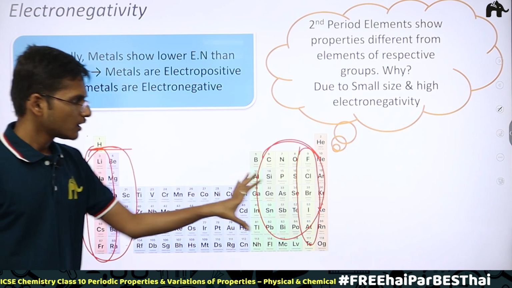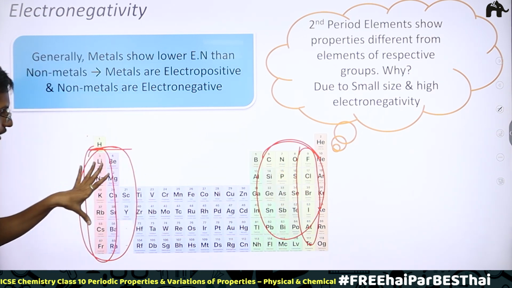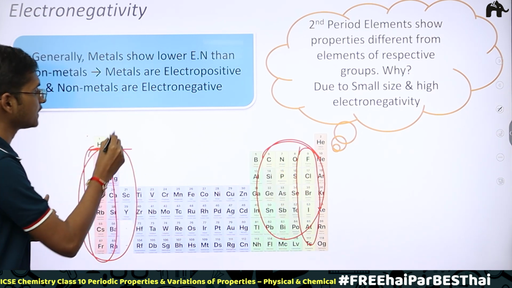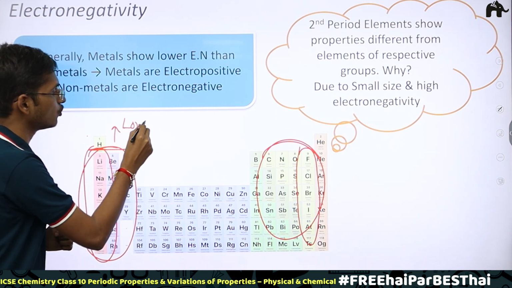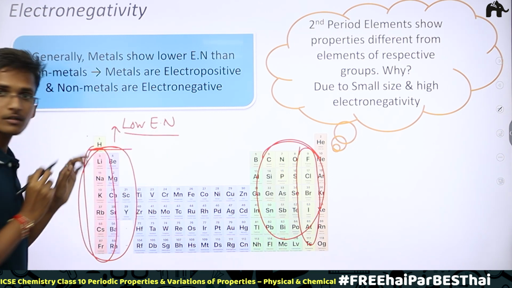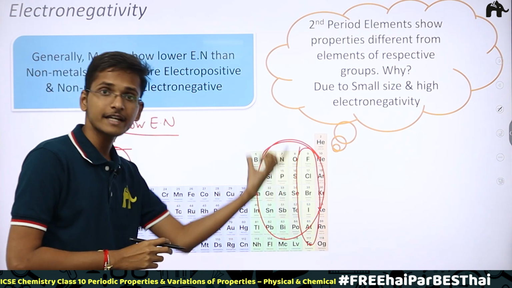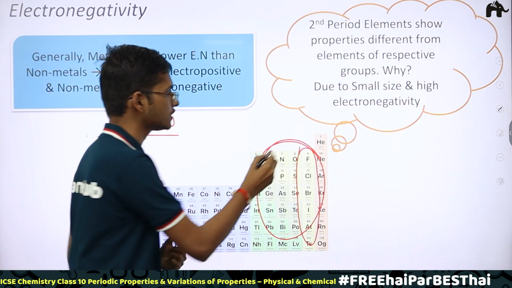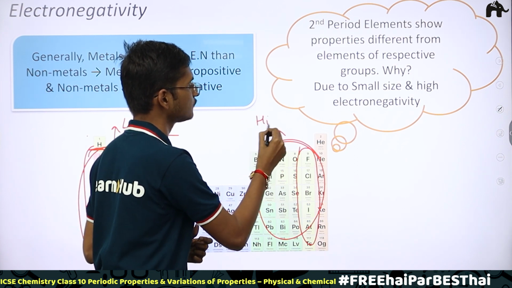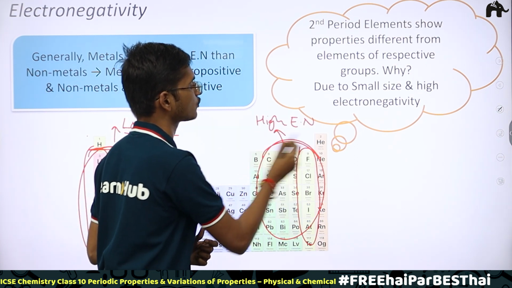Now we already know that this part of the periodic table has metals, so they have low electronegativity values, as we just saw. And this part has high electronegativity values, and this part mostly has non-metals, so non-metals have high electronegativity values.